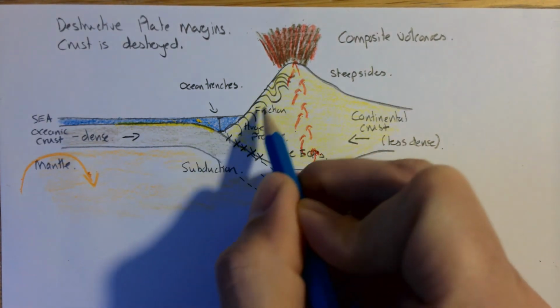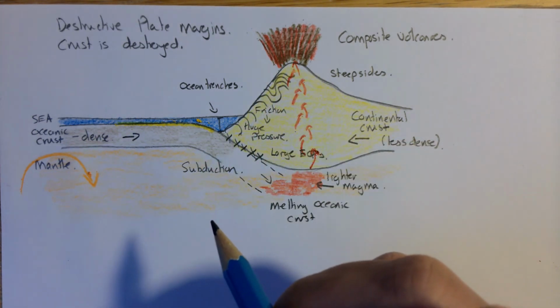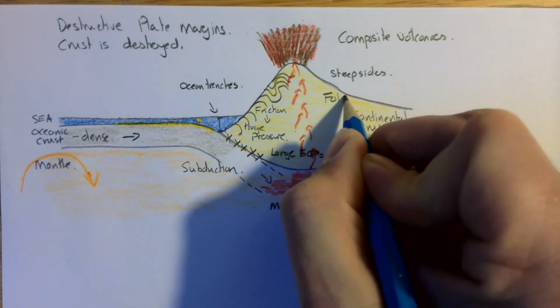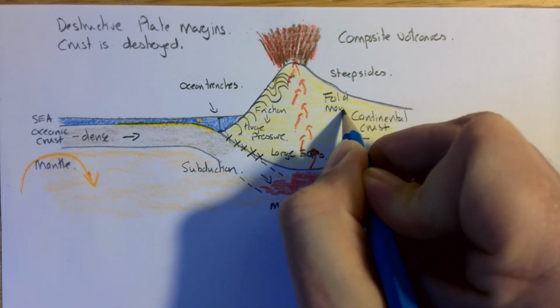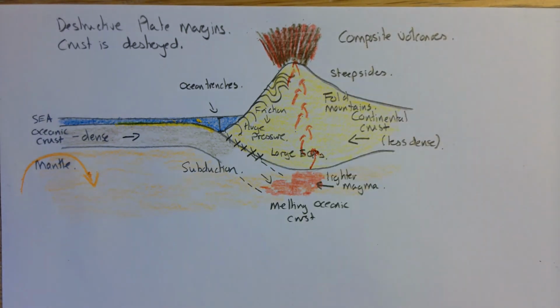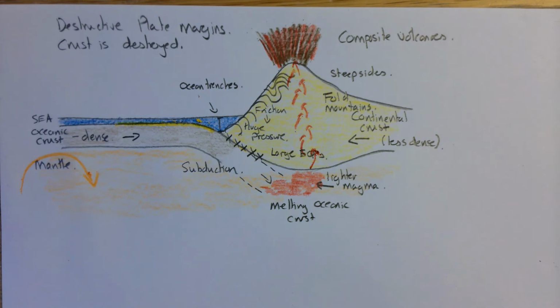And because all of that sediment has been folded under great pressure, we call these tall mountains fold mountains. So there we have two other landforms that we could expect to find at destructive margins: ocean trenches and fold mountains.